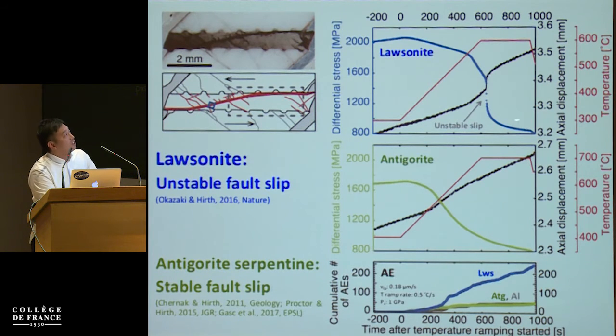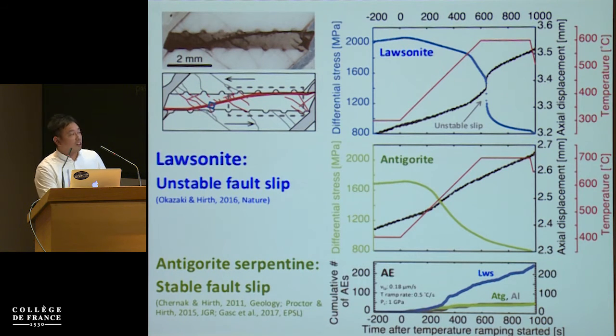For lizardite, during temperature ramping, we have very tiny strengthening due to thermal expansion, and then it starts weakening and accelerates, and the fast slip happens. Again, the sampling rate was 1 second, so we have a fast slip here. We also record the fast slip in displacement, this black line here. But for antigorite, we have slow weakening like this.